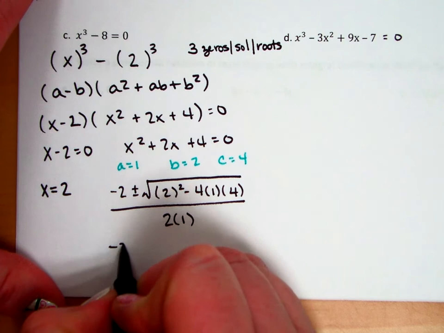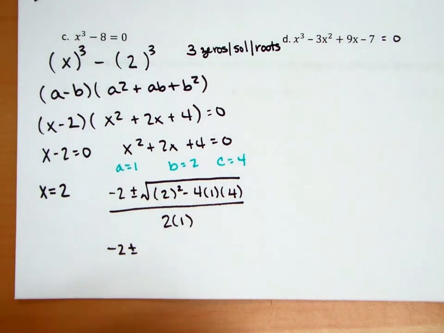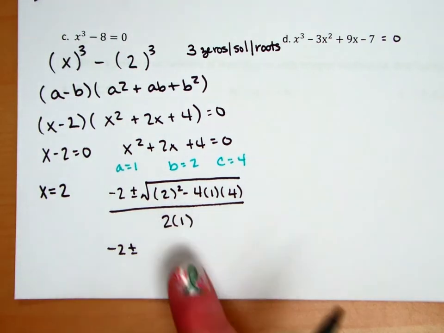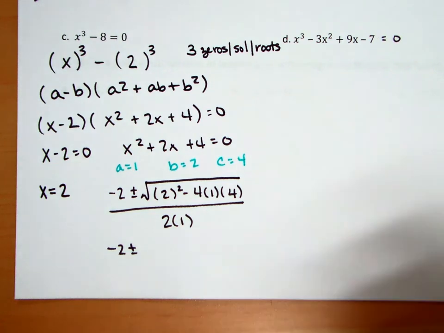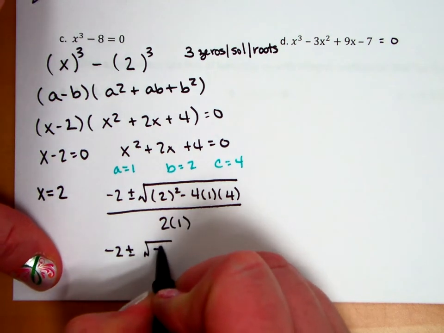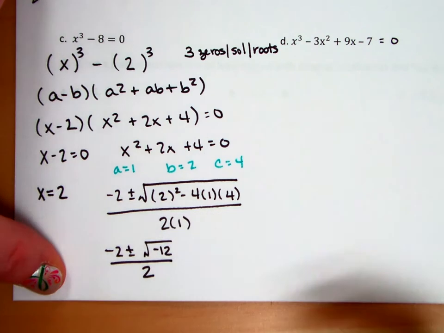So that gives me -2 plus or minus. In my calculator, I know it's going to be imaginary due to what it looks like. I'm going to type in 2 squared minus 4 times 1 times 4, and that's -12, so square root of -12 divided by 2.